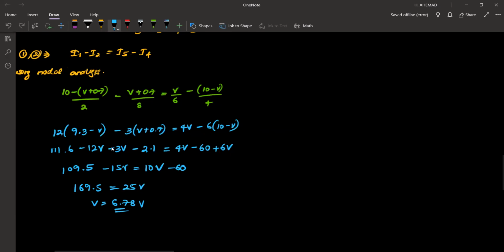Let's find out what is I1. I1 is equal to 10 minus V plus 0.7 over 2, which is 1.26 milliamperes.